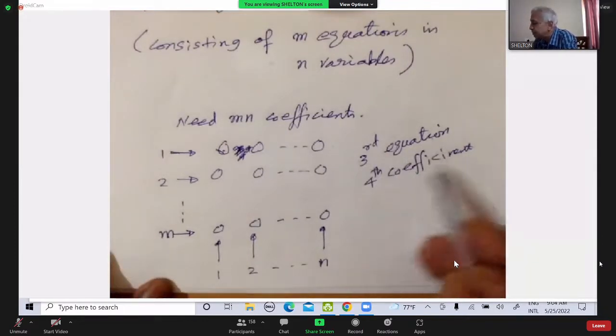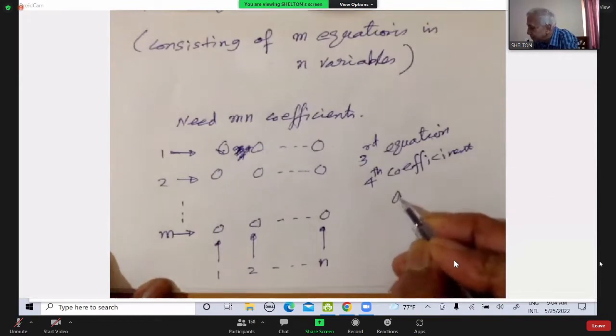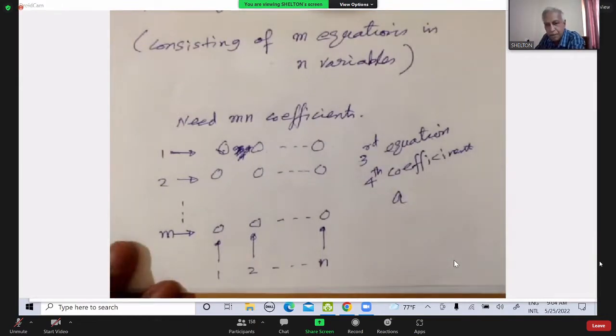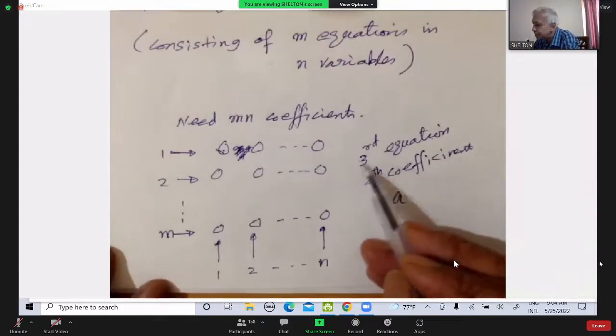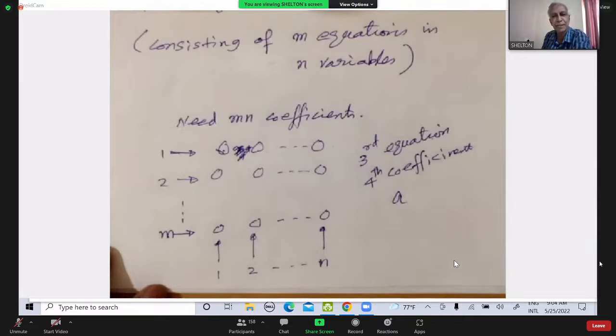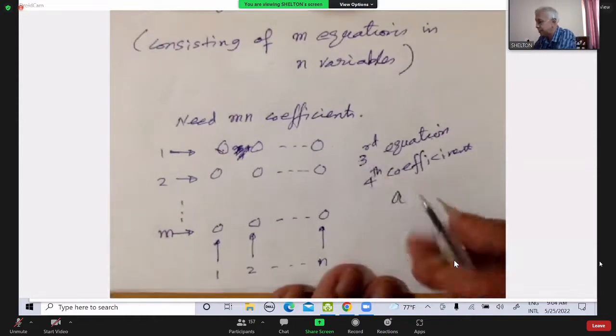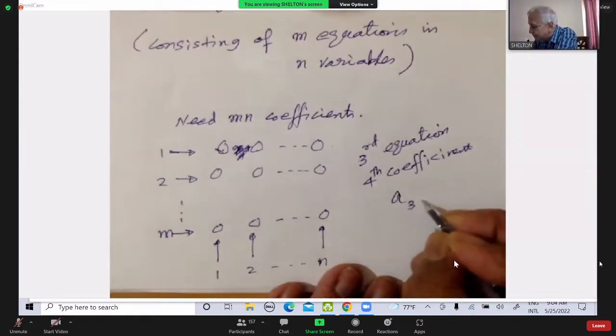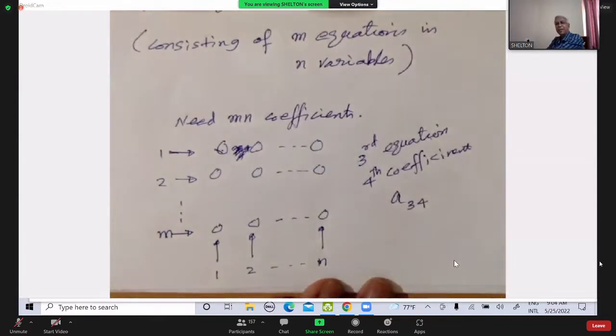Third equation, fourth coefficient. Earlier we would have written a4. But it is now third equation, fourth coefficient. I need two letters now to denote which equation we are in and which coefficient of that equation. So we shall first write the equation. We shall say a34. Earlier we wrote a3, a4, third coefficient, fourth coefficient.